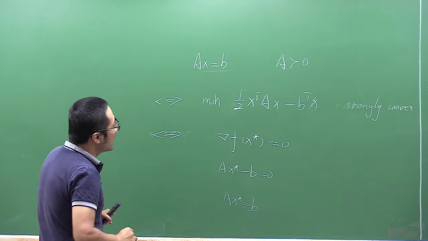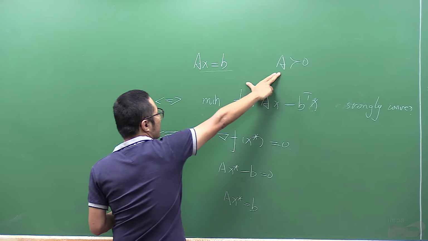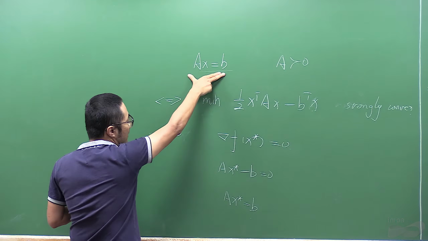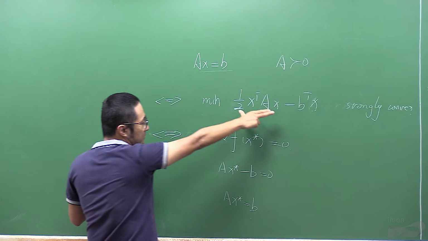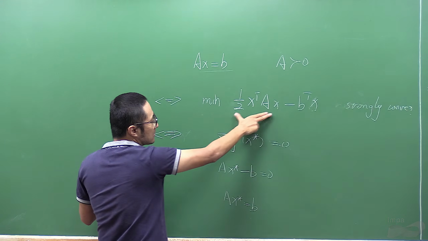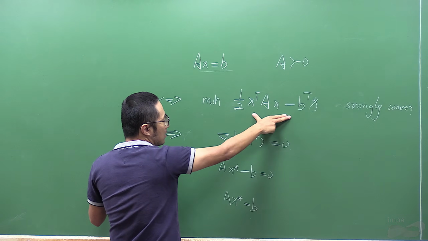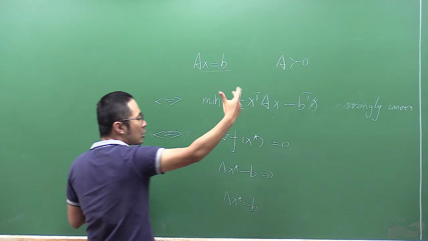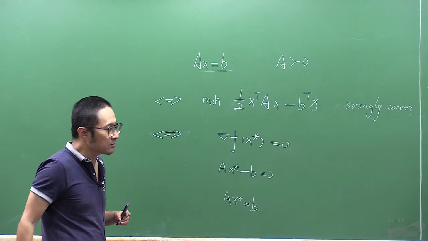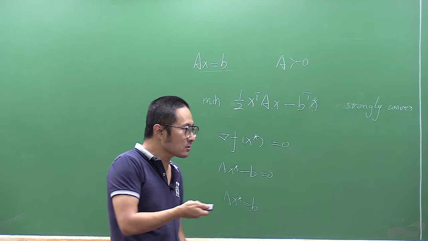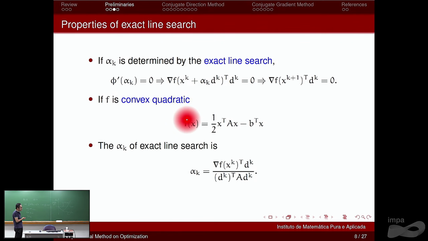So if A is positive definite, the solution of this linear system is also the solution of this quadratic optimization problem, just because of the necessary and sufficient condition. So this is the reason why we usually consider this convex quadratic when we consider the linear system.